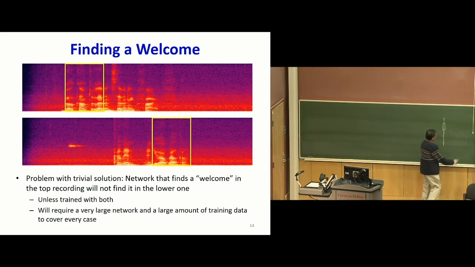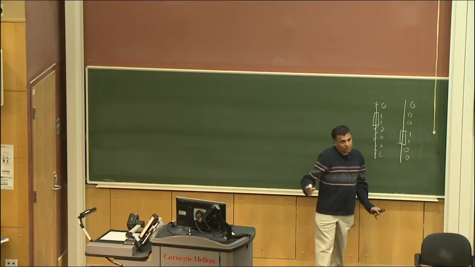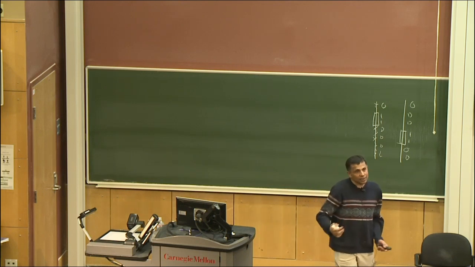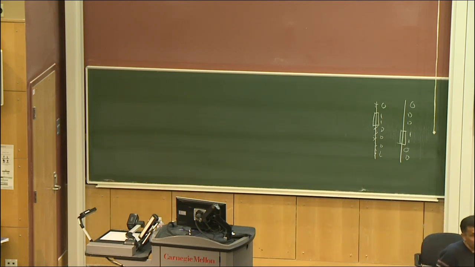This is still a vector. So assume these are all 1s for now, and assume these are 0s. In the other case, the location has shifted. So now this is going to look like this, right? The 2 vectors are entirely different. They live in completely different subspaces. Something that fires on one is not going to fire on the other, right?